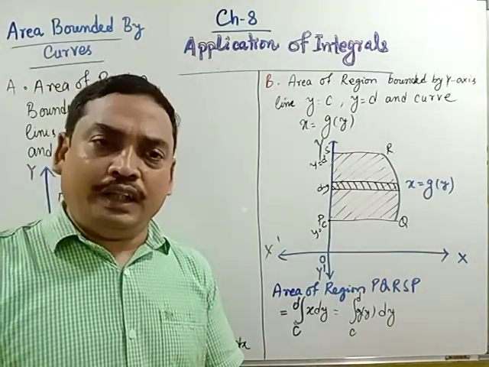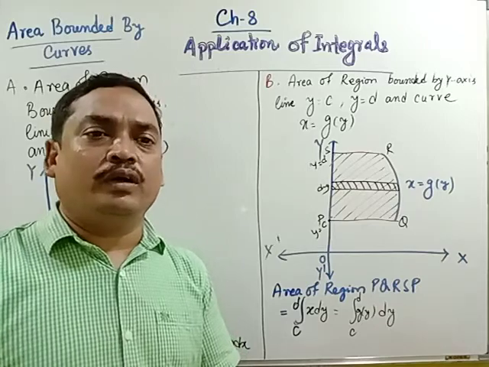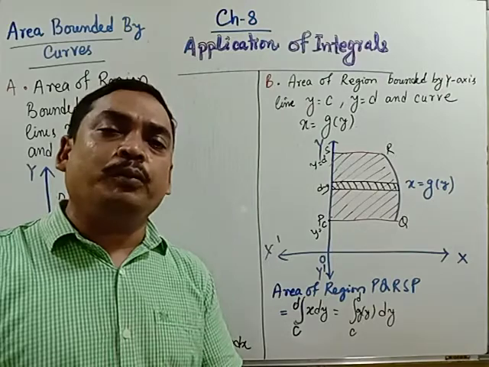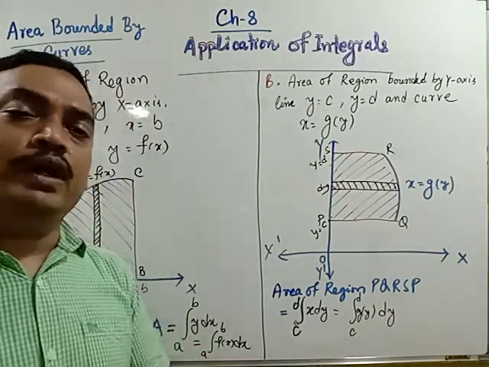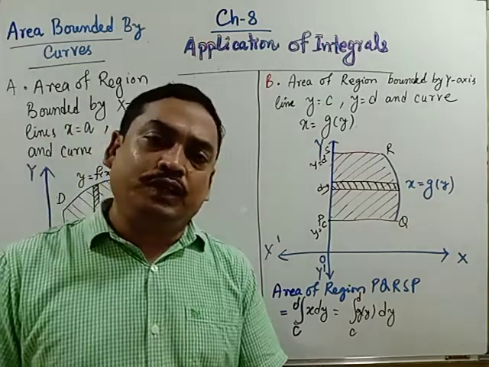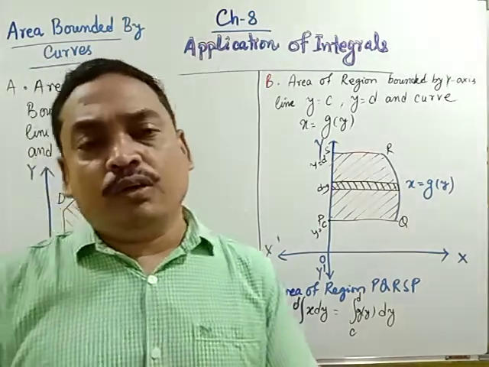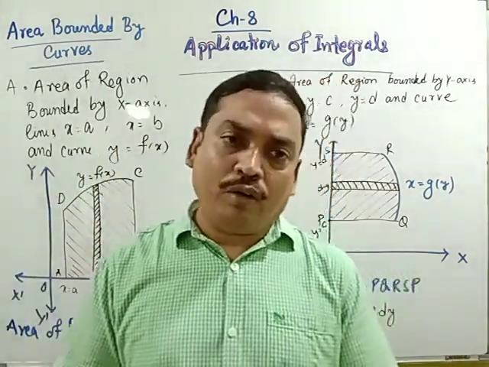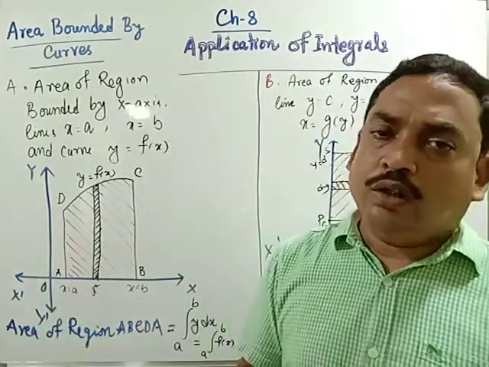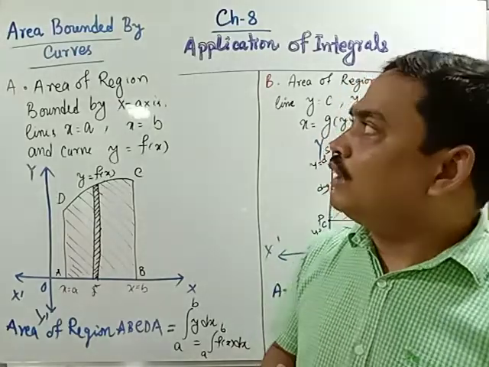So that we did in the limit as a sum method. The same thing will be applicable here. With a given curve, the area bounded by the curve in different situations will be given. In that situation we have to find the area bounded by the curves, which is the application of integrals.